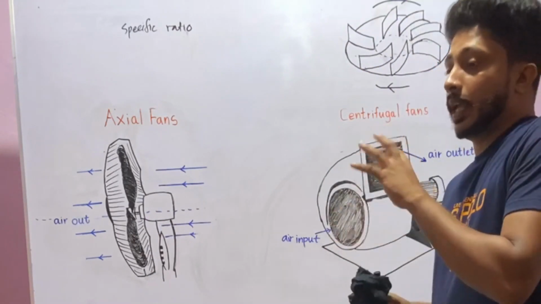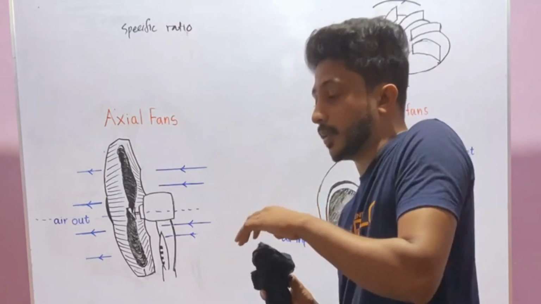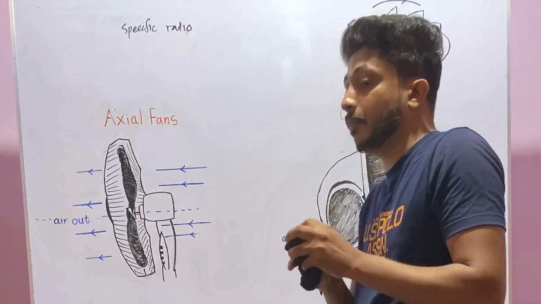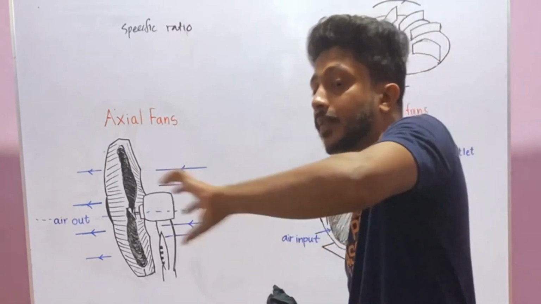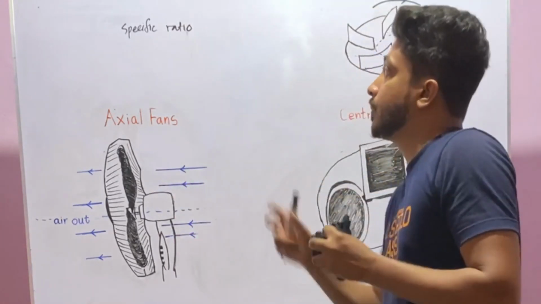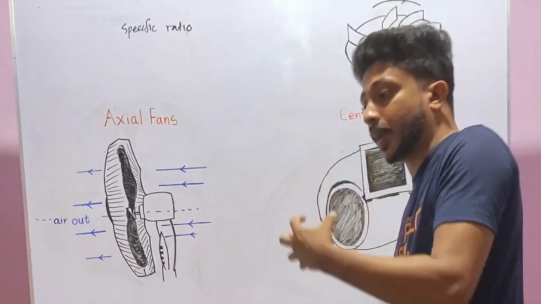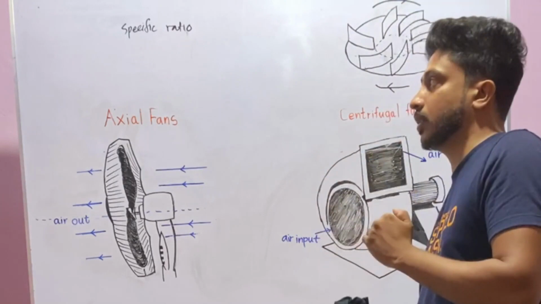The air they suck has some pressure, and the delivered air should also have some pressure. So specific ratio means the delivery pressure compared to the suction pressure.